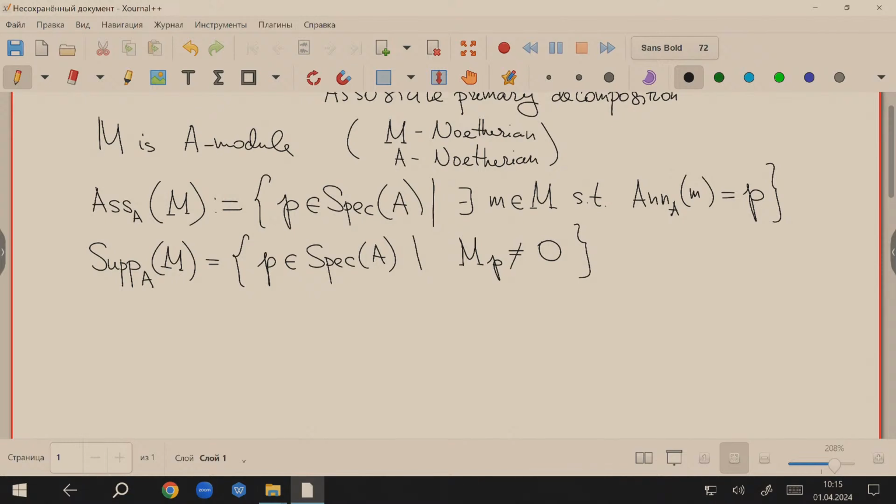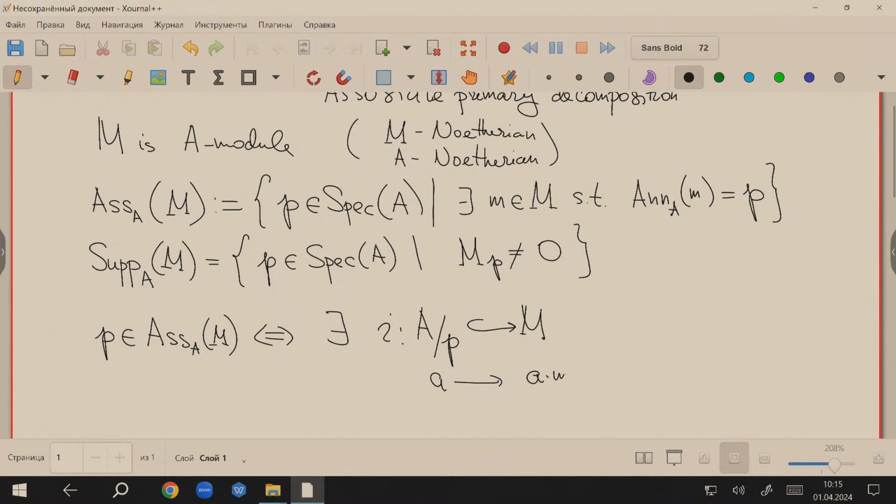Notice that we can also reformulate this: the ideal P belongs to the set of associated primes if and only if there exists an inclusion of A mod P inside M. Of course this inclusion is given by mapping a to a times m.